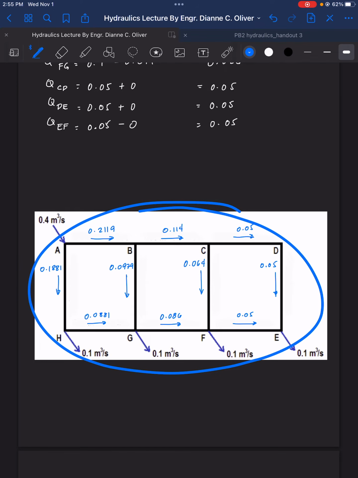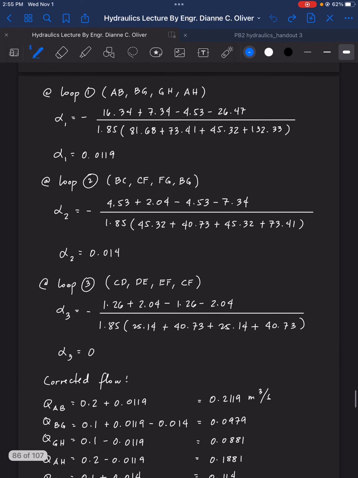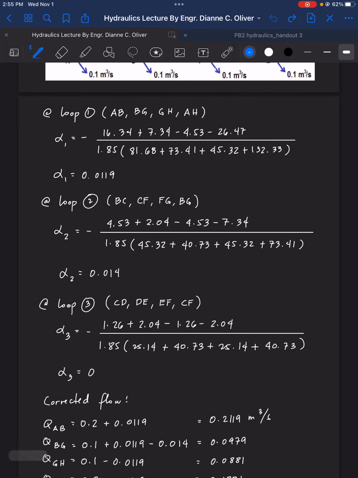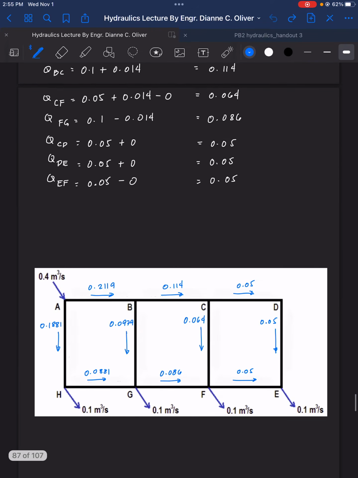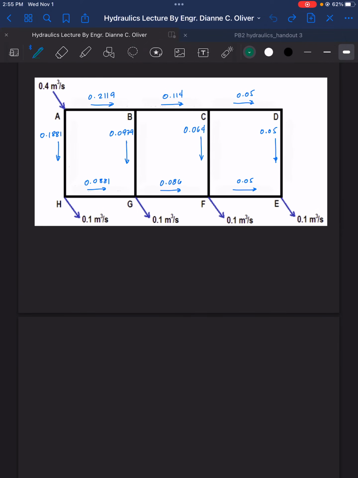We can again compute for the correction if we are not yet satisfied with the correction. So see here that our correction is just 0.0119 and 0.014. Sometimes the acceptable correction is 0.0020. If the correction here is 0.0030, that is much better. So we can repeat the process of finding the correction until we reduce the correction to a value that we find acceptable.